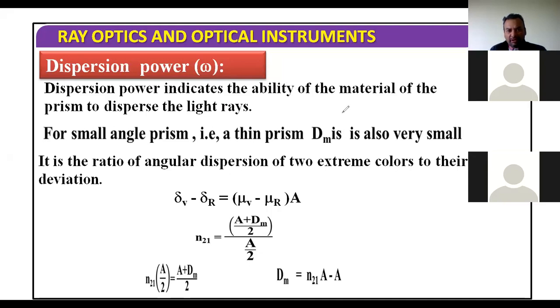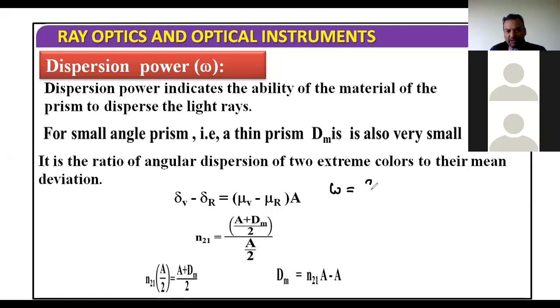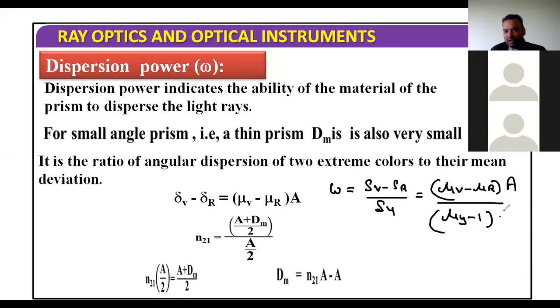So omega is equal to delta v minus delta r divided by the mean deviation for the yellow color. Place the value of delta v minus delta r: mu v minus mu r into a, and place the value of delta y: mu y minus 1 into a. Now this a is cancelled, so finally omega is equal to mu v minus mu r divided by mu yellow minus 1.